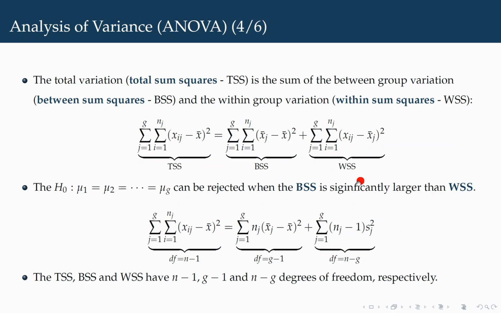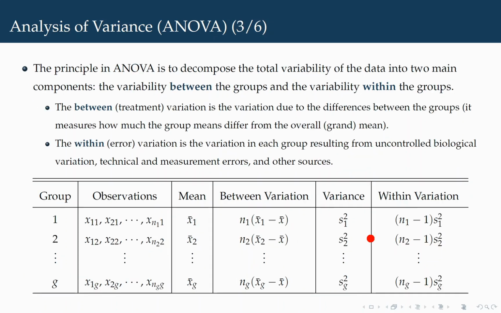So this can be written as nj minus 1 times variance of the j's group. So in other words, the between sum squares is nothing but n1 times x bar 1 minus x bar square plus n2 times x bar 2 minus x bar square plus ng times x bar g minus x bar square.